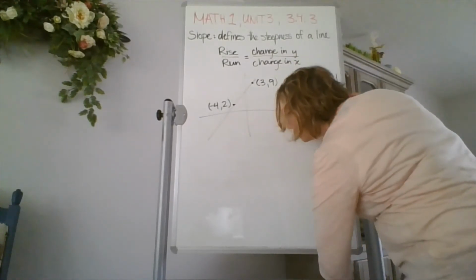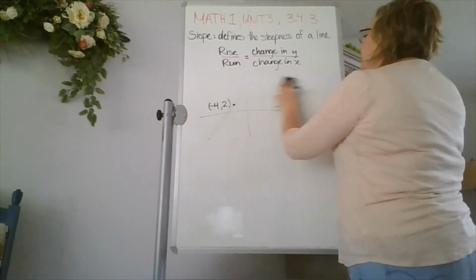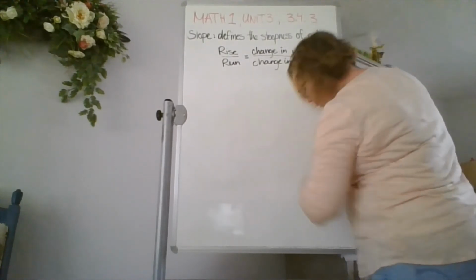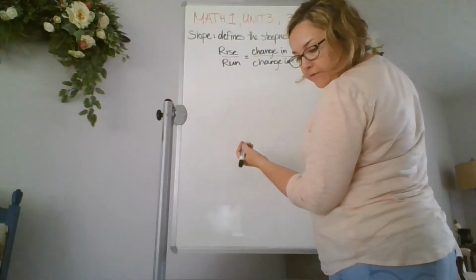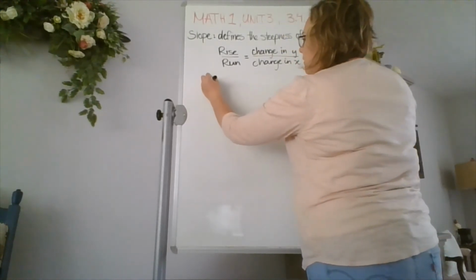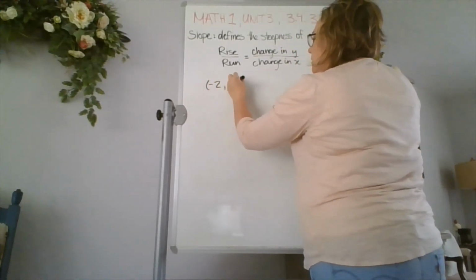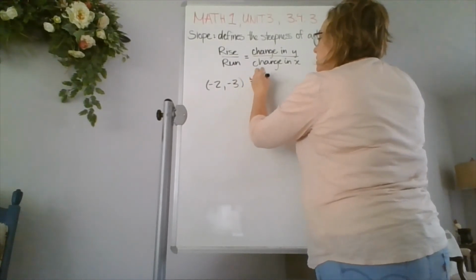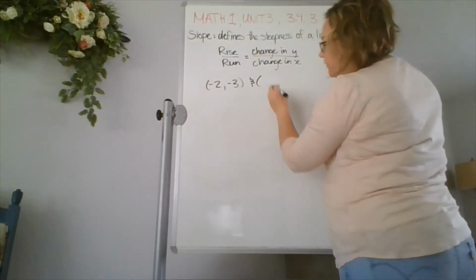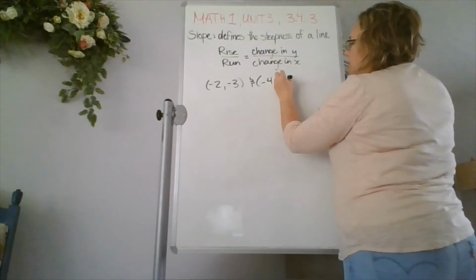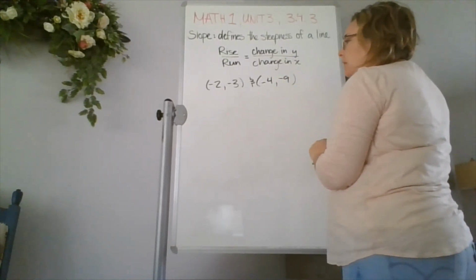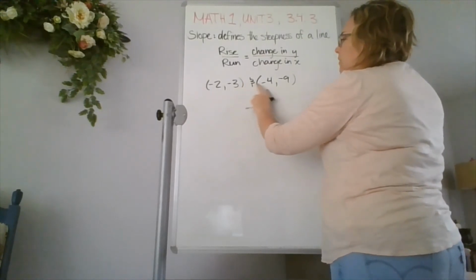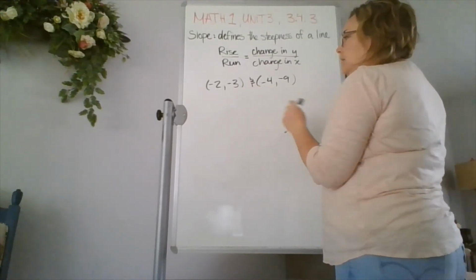Okay, so let's try another one. This time I'm not going to draw the picture. I'm just going to give us the 2 points. So if we have 2 points given to us on a line, and their values are -2, -3, and -4, -9. And we want to find the slope between these 2 points on the line, or the slope of the line where these 2 points are on that same line.